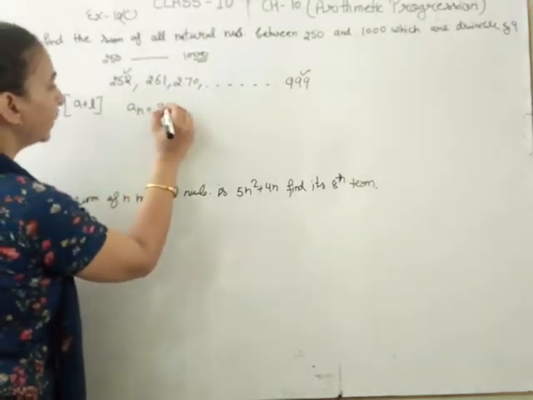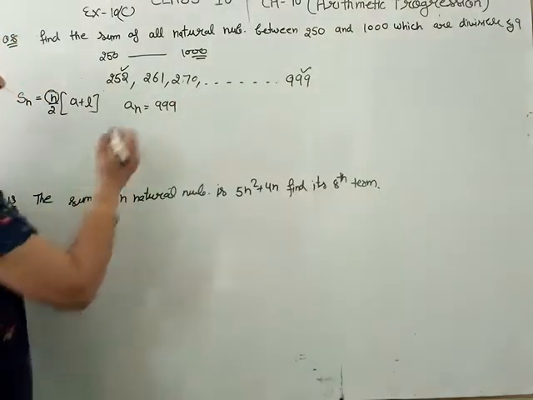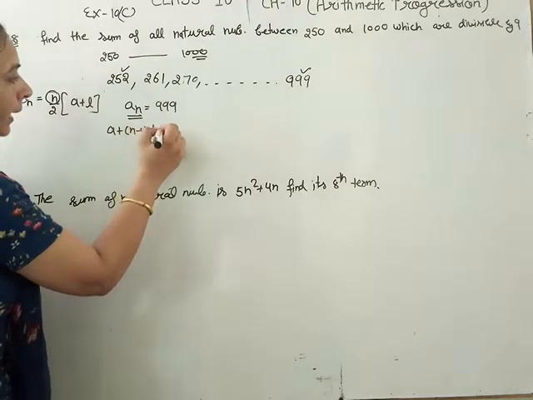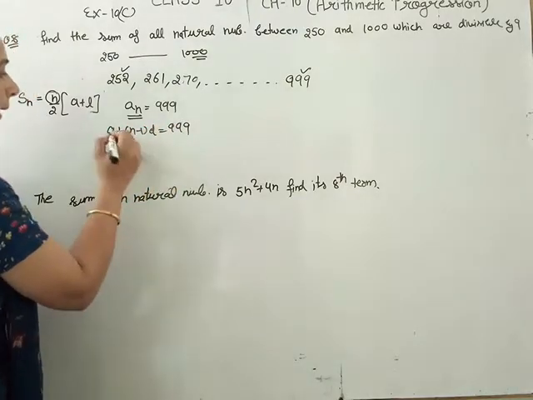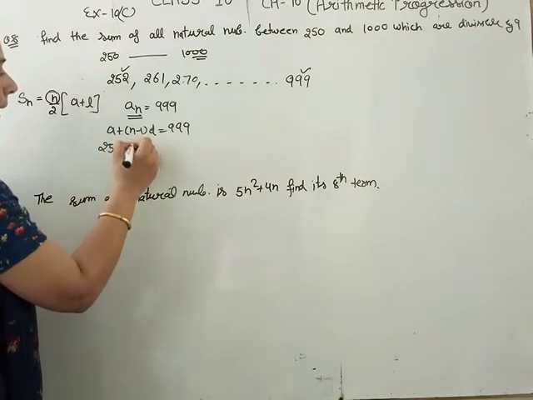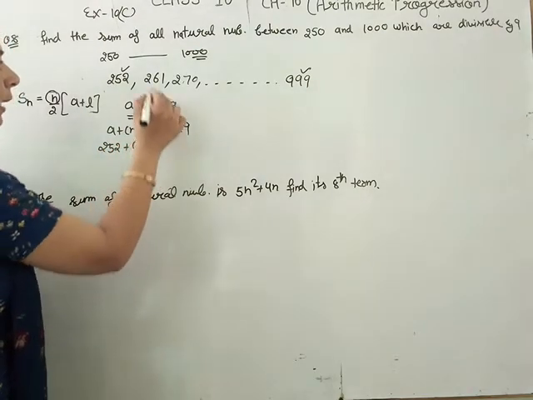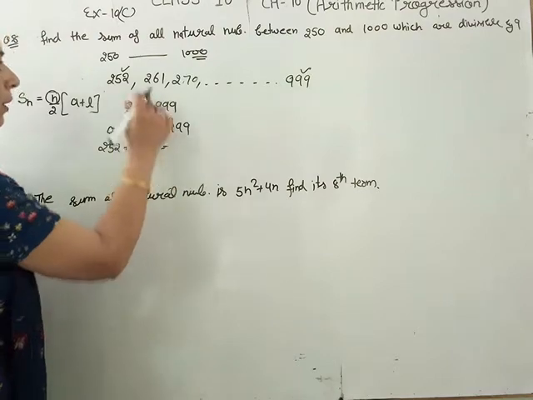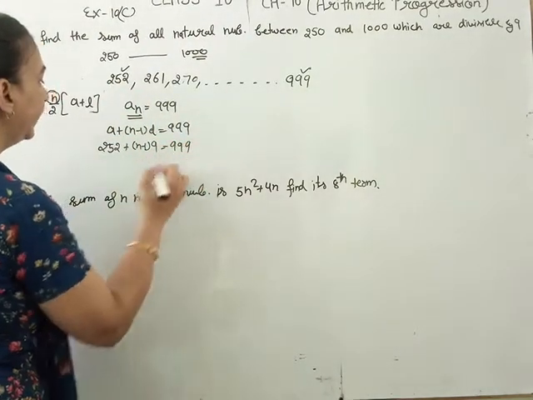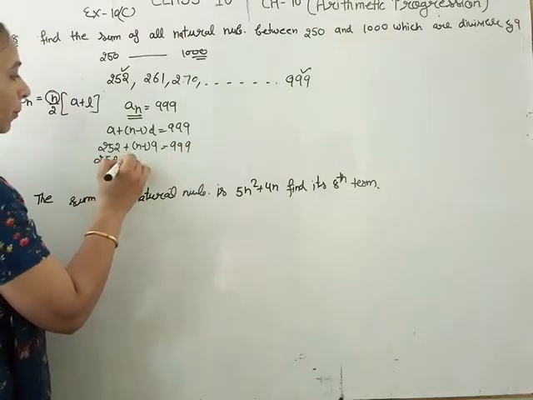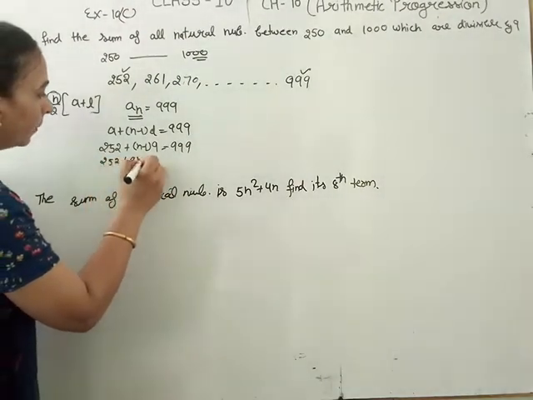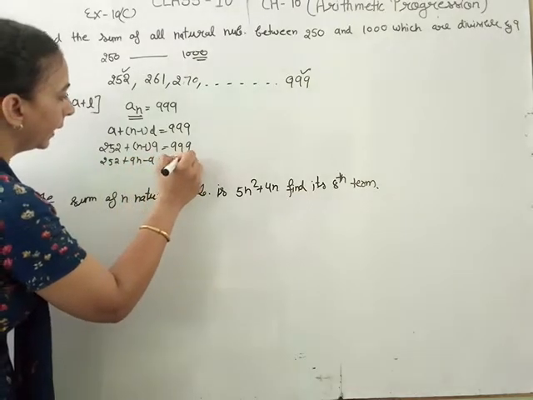Last term equals 999. What is the nth term? a plus (n minus 1)d equals this. In place of a we put 252, plus (n minus 1) into d. d is 9, because the difference between them is 9. So 252 plus 9n minus 9 equals 999.